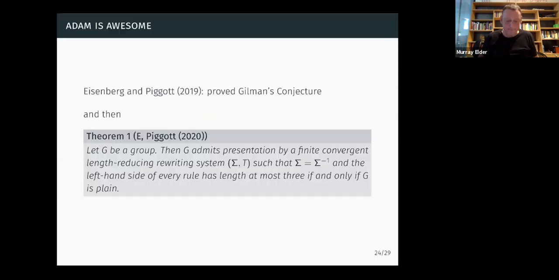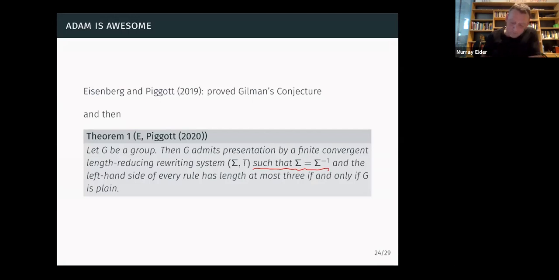But then, this is our theorem. Let G be a group. G admits a presentation by a finite convergent length reducing rewriting system, caveat number 1, such that the generating set is symmetric, which was not part of Gilman's conjecture.